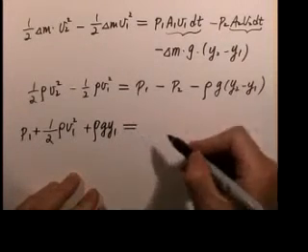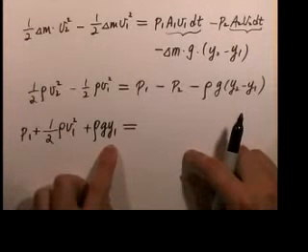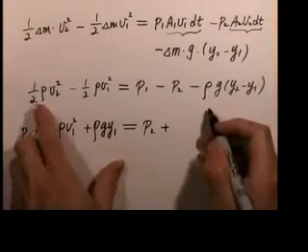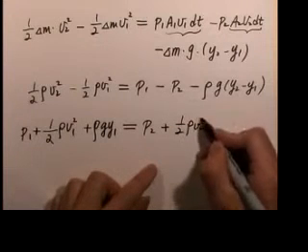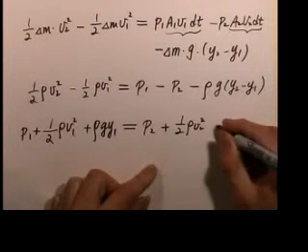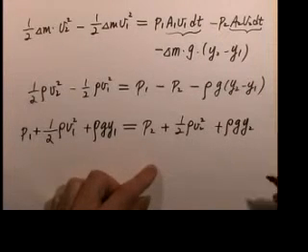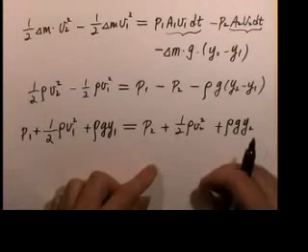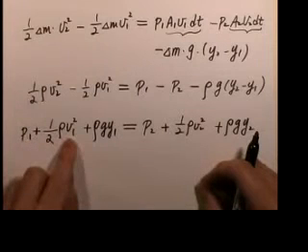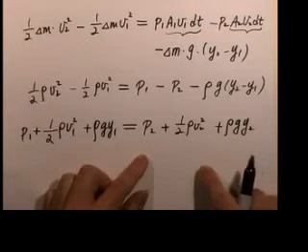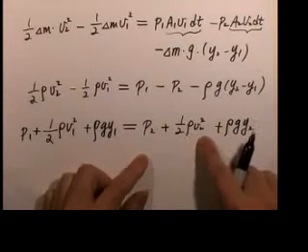Those are the three terms that depend on point 1. There are three similar terms depending on point 2. You move this over there, that's P2. There's already 1/2 rho v2 squared. There's another term, rho g y2. It's a negative sign, so move it to the other side, positive. So you see the sum of these three terms, P1, 1/2 rho v1 squared and rho g y1, equals the sum of three similar terms, P2, 1/2 rho v2 squared, rho g y2.